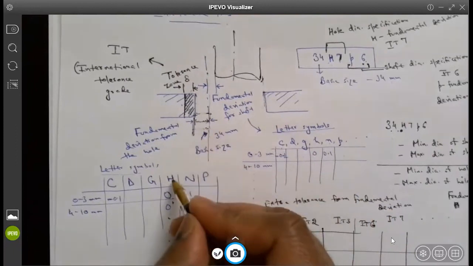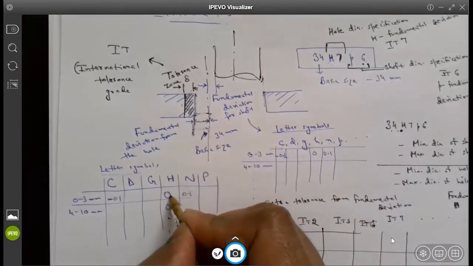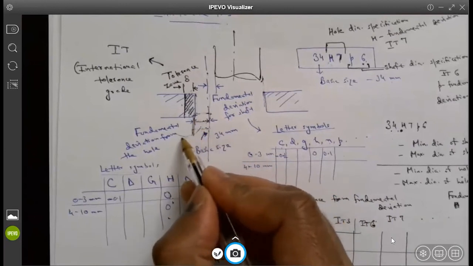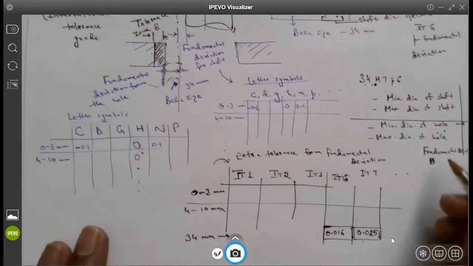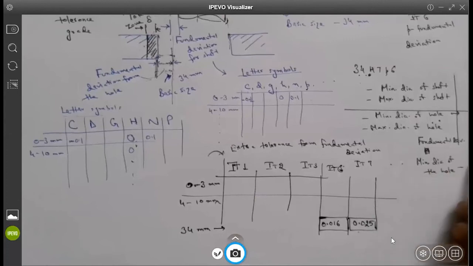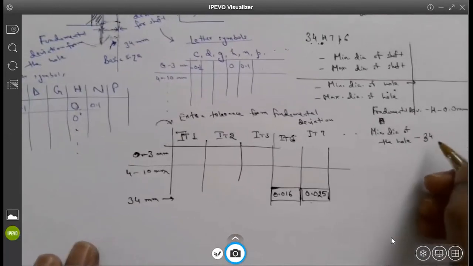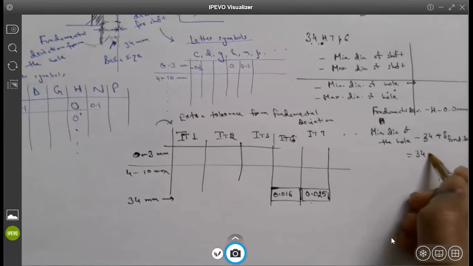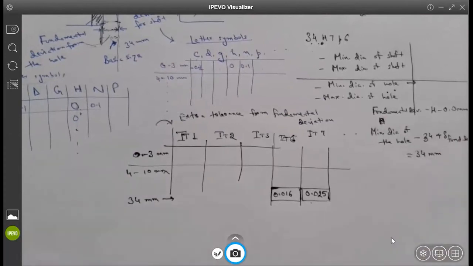Now, if I have letter H, my fundamental deviation is 0. That means the minimum diameter of the hole is 34 millimeters plus fundamental deviation, which is 0.